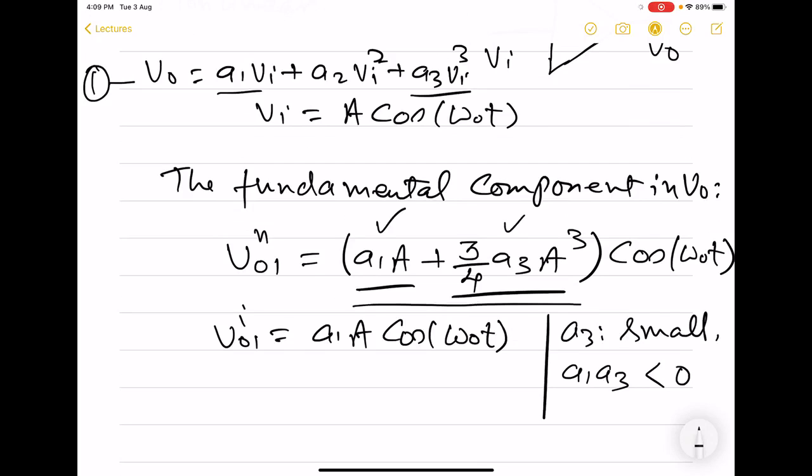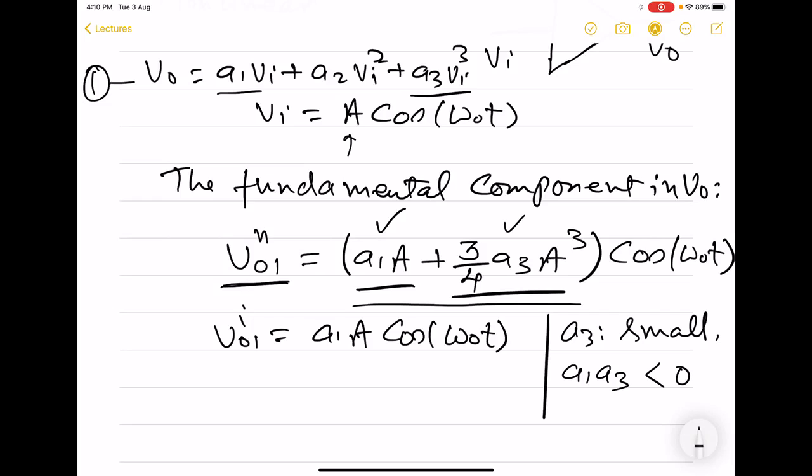That means as the amplitude of the input, this amplitude capital A, grows, the amplitude of the fundamental for the nonlinear case is going to reduce slowly and slowly. So it is basically this property of the fundamental for this nonlinear case which leads to the phenomena of gain reduction or gain compression.